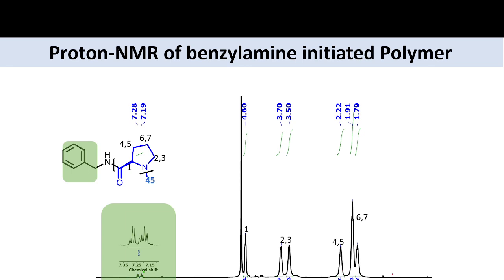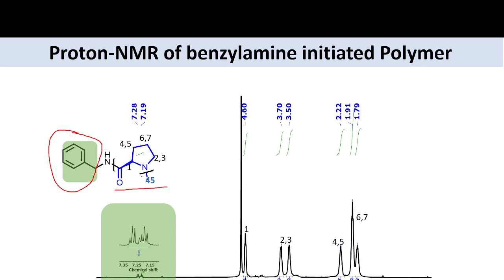And from there we can calculate how many repeating units are added into the polymer system. So how can we calculate that? The polymer has an initiator unit, this will be our initiator, called benzylamine, and then these are the monomers, which convert into the polymer. The initiator peak comes here around 5, and after polymerization we get this NMR spectrum of the polymer.